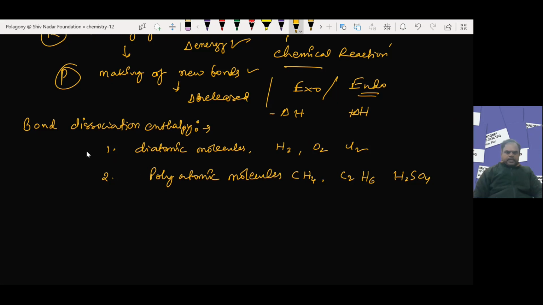The bond dissociation enthalpy in diatomic molecules.